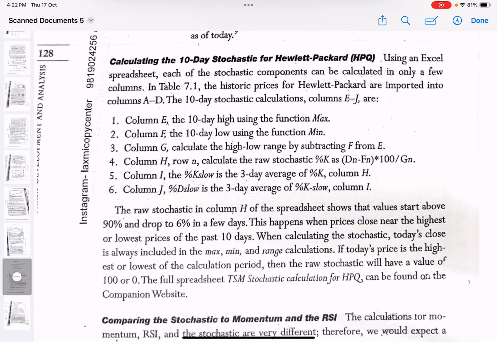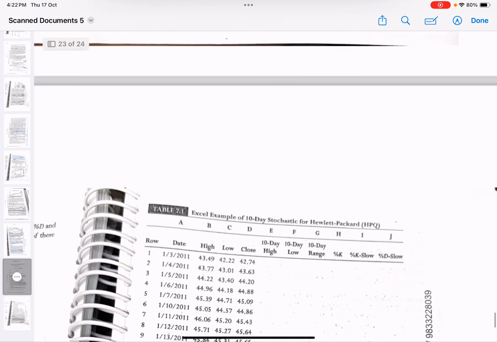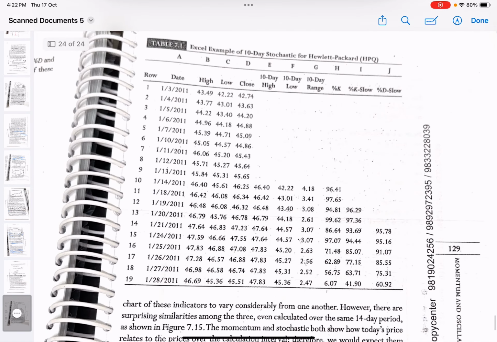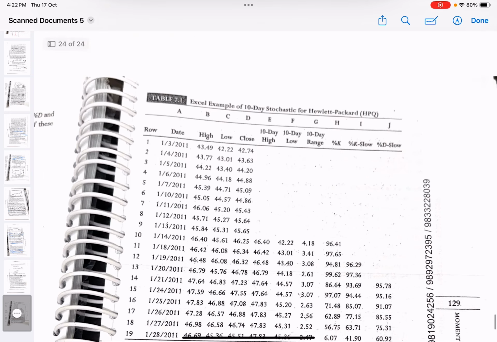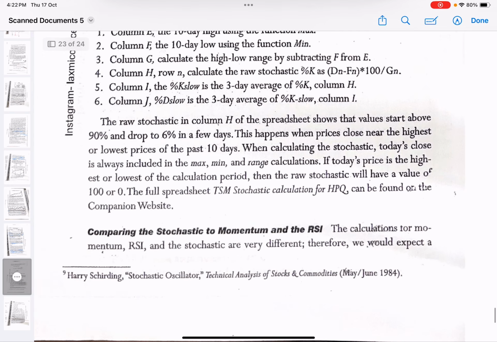The average is always divided by 3 because you are using a 3-day average. Look at this: date, high, low, close, 10-day high, 10-day low, K%, K slow, D%. You need to know how to calculate these formulas.